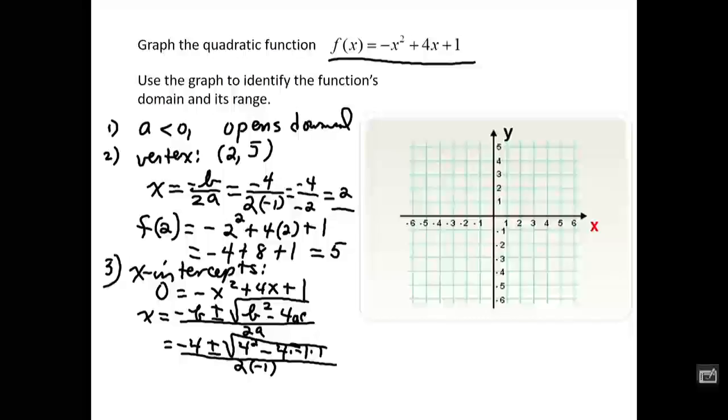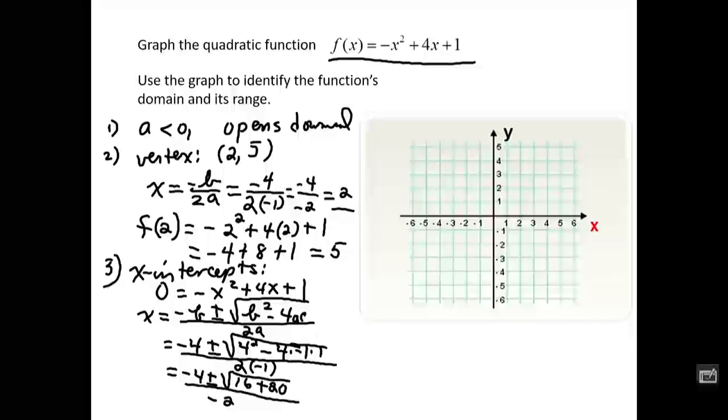Now let's simplify this. I get a negative 4 plus or minus the square root of 4 squared is 16 minus 4 times a negative 1 is a positive 20, all divided by 2 times a negative 1, which is a negative 2.